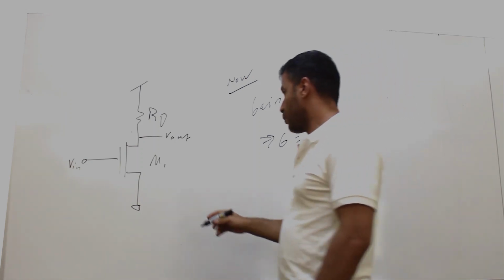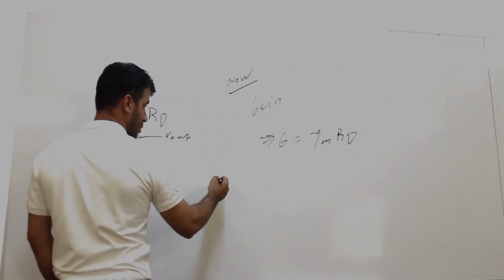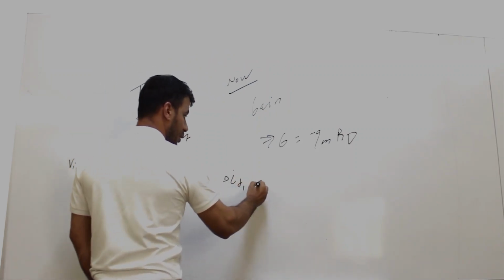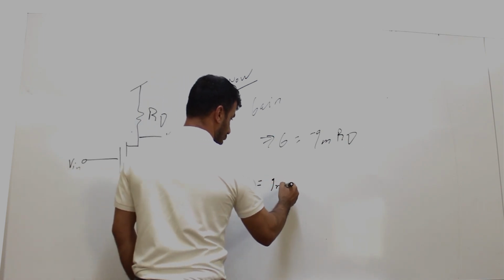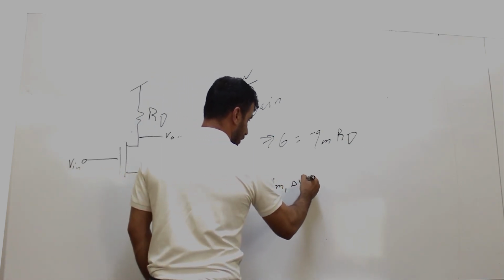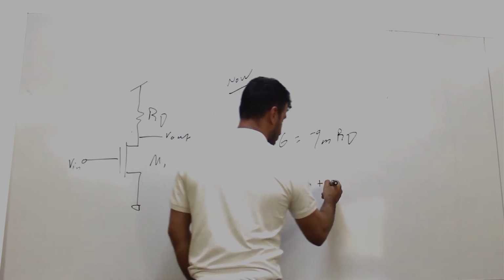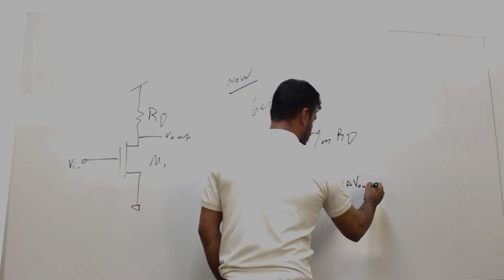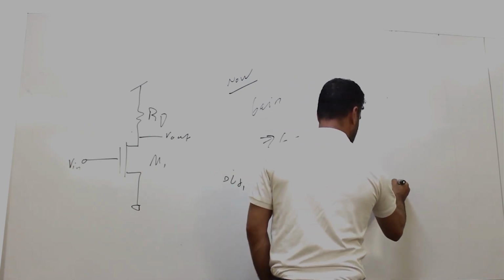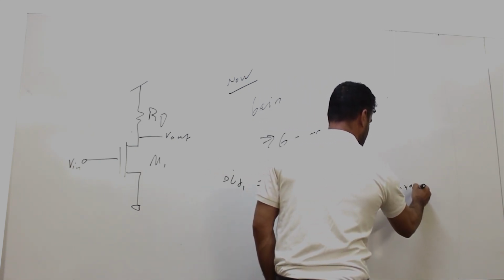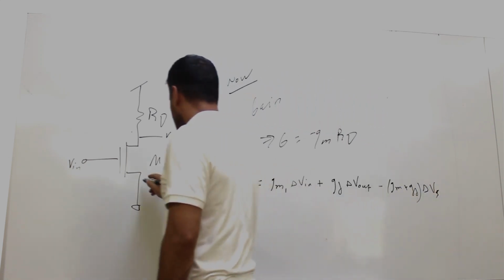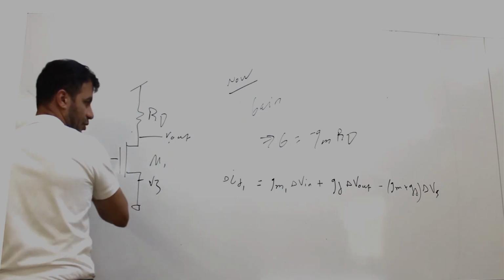Okay, if you want to find the gain with the equations, like small changing, ID1 equals GM1 delta Vn plus GB delta V output minus (GM plus GB) delta Vs. This is the Vs, this is the Vr, this is the Vn.